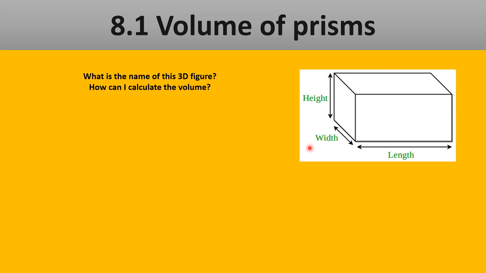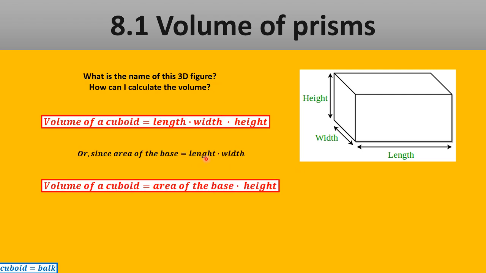In Dutch, this figure is called a balk, and in English we call it a cuboid, right? And we calculate the volume of a cuboid with the formula length times width times height. Lengte keer breedte keer hoogte. We can also state it a different way, because we know that the length times the width is the same as the area of the base.